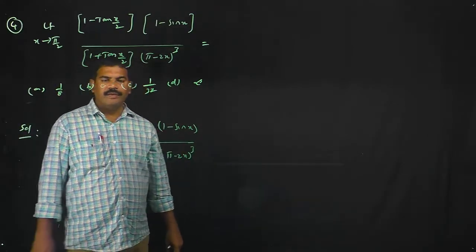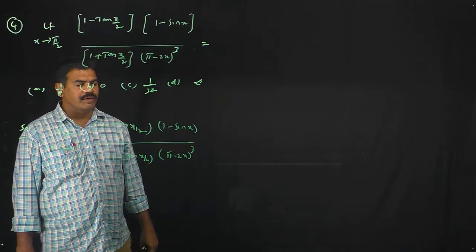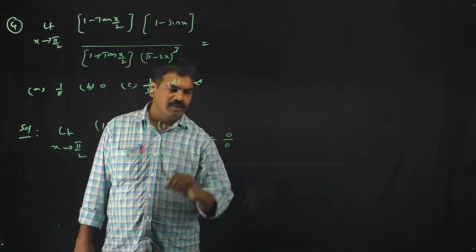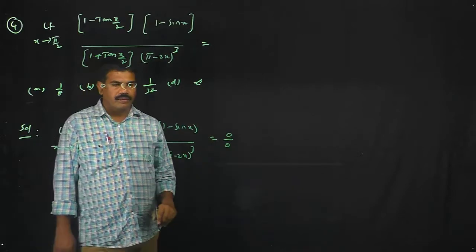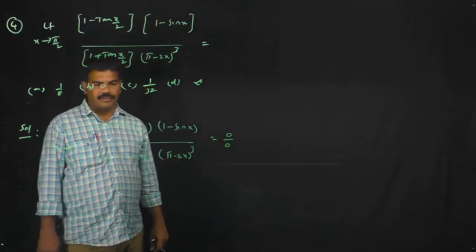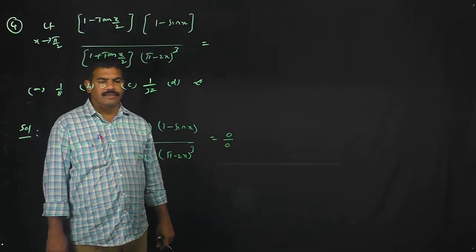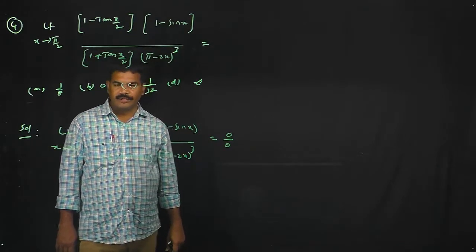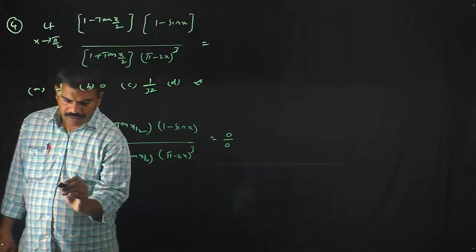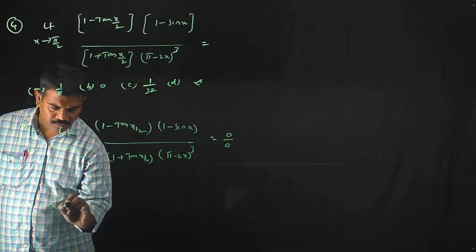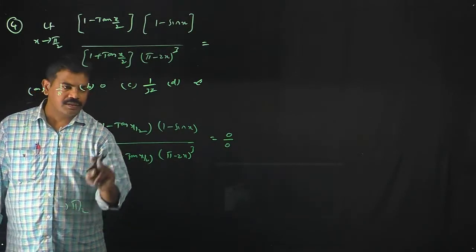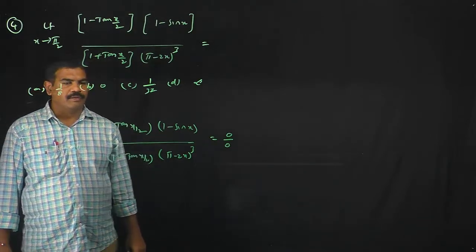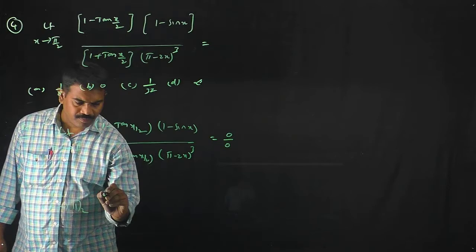Now apply the limit. Both numerator and denominator are 0, so it is in the form of 0 by 0. Generally we use the L'Hospital rule, but in this problem we use another formula to solve simply. Limit x tends to pi by 2, the form 1 minus tan x by 1 plus tan x is tan of pi by 4 minus x.